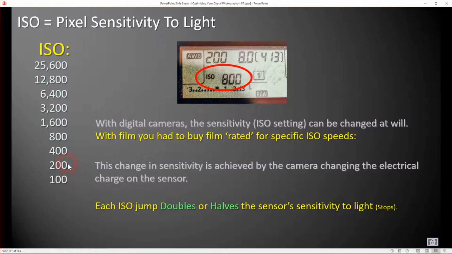Double it to 200, so twice the sensitivity to light. Twice, twice, twice, and of course half, half, half as we go down the scale. These numbers are incremented in what we call stops, because it's double the speed, half the speed, just like we did in shutter speed and aperture.